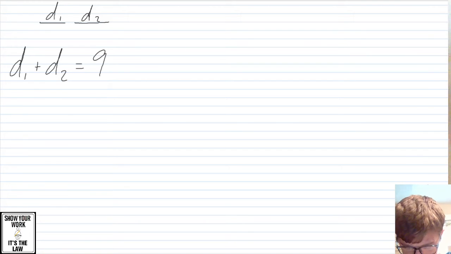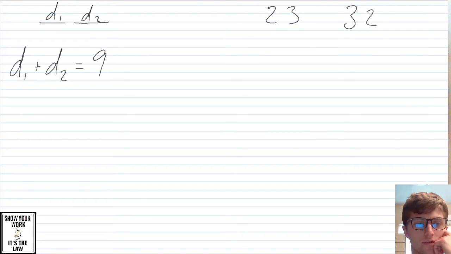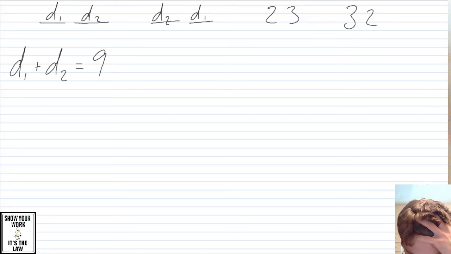Okay, the next thing it tells us, if the digits are reversed, the new number is 9 more than the original number. So for example, this isn't the right answer, but if we had 23 and then we reversed it, we would have 32. So if instead of having D1, D2, we had D2, D1, it would be 9 more than the original number.